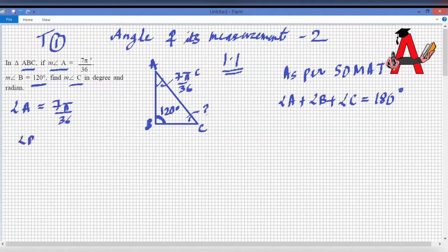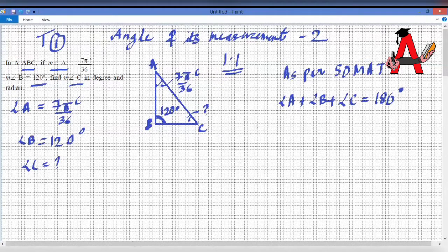You have angle B, which is 120, and we have to find angle C. Now this is given in terms of degrees, this is given in terms of radians. You already have A and B, you need to find C, but A is given in terms of radians. So first you have to convert it also into degrees.